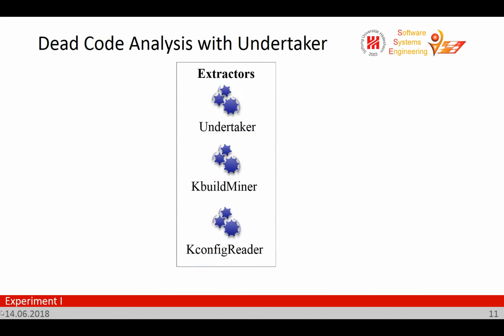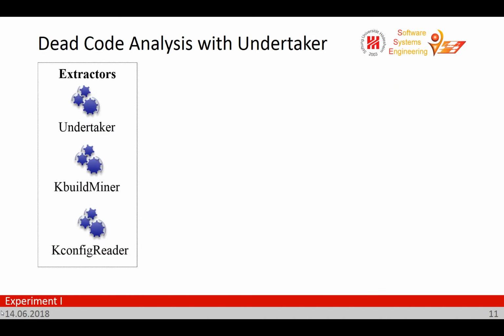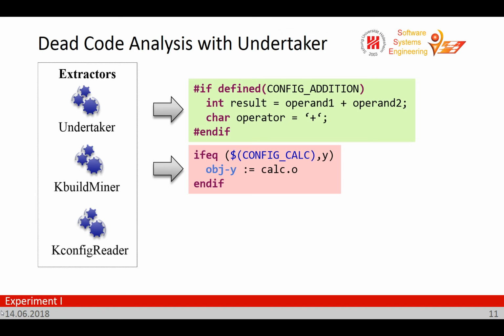What happens then is that Undertaker and KBuildMiner will be executed, and they are designed to extract information from code and from build, in particular presence conditions. These presence conditions guard the execution of certain code or build instructions, so that they are conditionally executed depending on how the condition in the if or in the if-equal statement is evaluated.